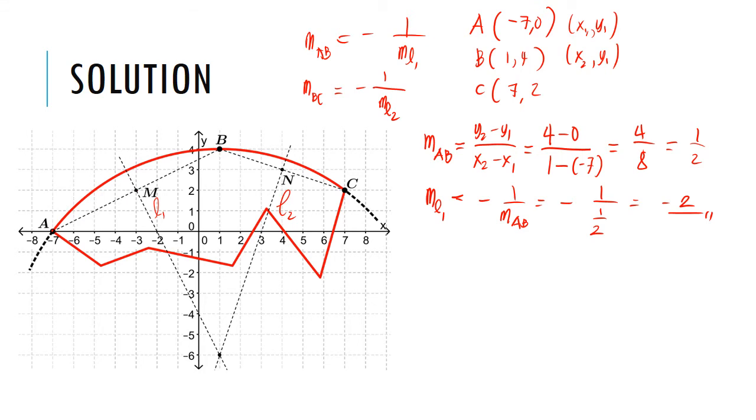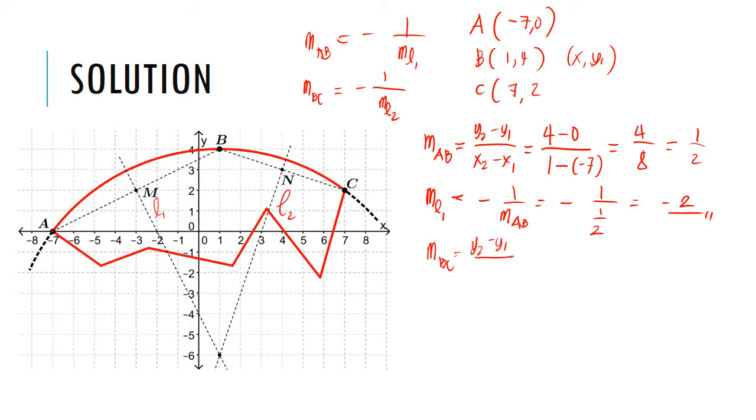The same process for the slope of L2, which is the perpendicular bisector of chord BC. First, we are going to get the slope of BC. Moving on, for the slope of chord BC, we get again y2 minus y1 all over x2 minus x1.